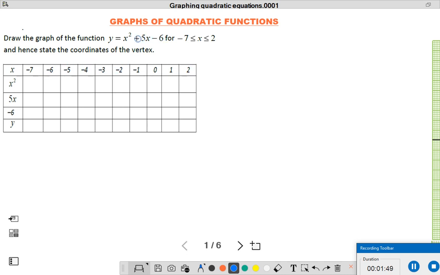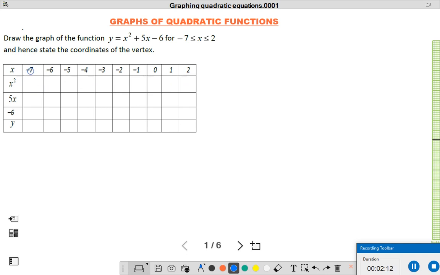Now we are going to break this equation into independent terms. First, we have x squared. I've written it here. We have plus 5x. I have written it here. Then minus 6. So when we do that, we are going to fill each space here. We are going to first get x squared.